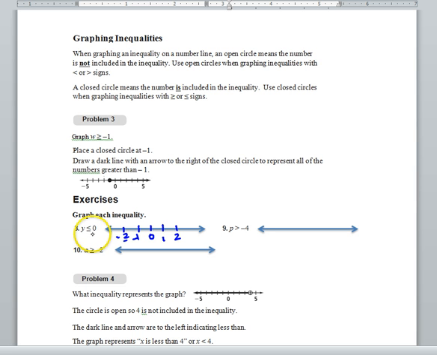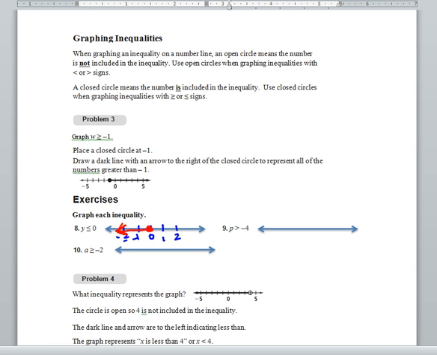Y is less than or equal to 0. We have an equal to sign, so that means it's going to be a closed circle on 0. So make a dot on 0. And then y is less than 0 means we want all the numbers smaller than 0. And the numbers that are smaller than 0 are going to be to the left of 0. So we draw an arrow going to the left.